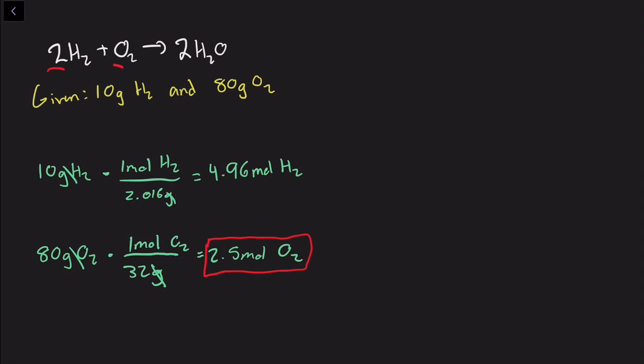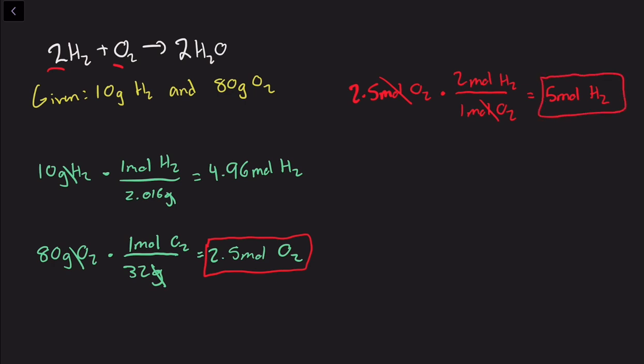So we'll have 2.5 moles of O2 times our mole to mole ratio of 2 moles H2 to 1 mole O2. Our moles O2 cancel. We see that if we want to react 2.5 moles of O2, we need 5 moles of H2.